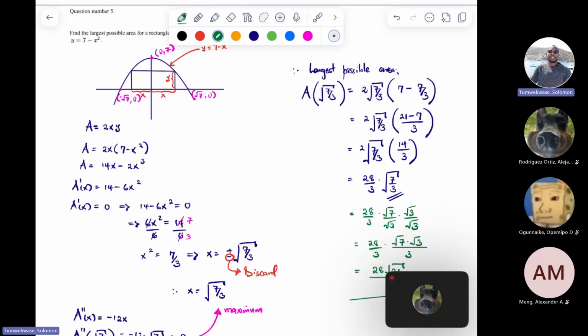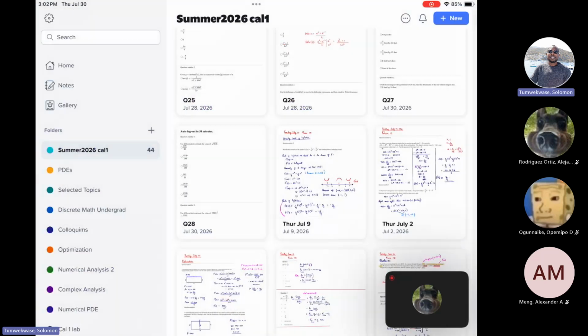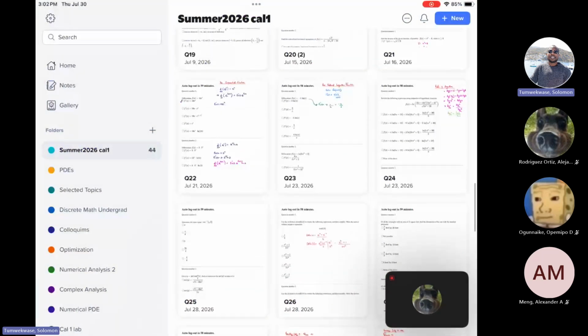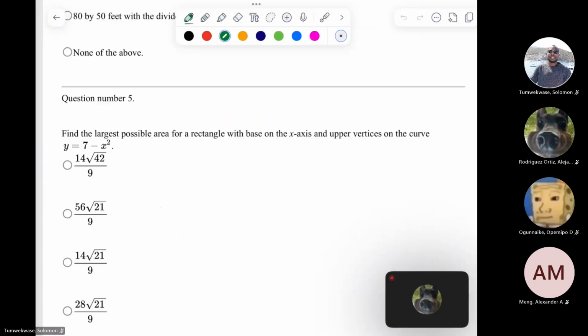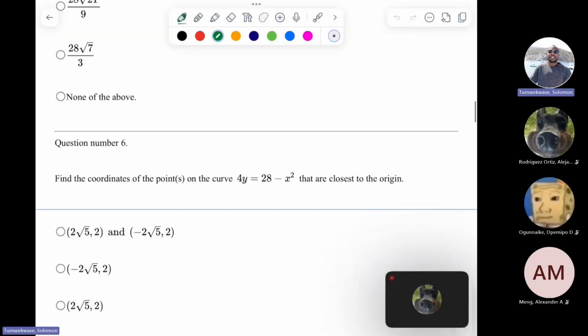Let's start with question 6. Question 6 is right here.